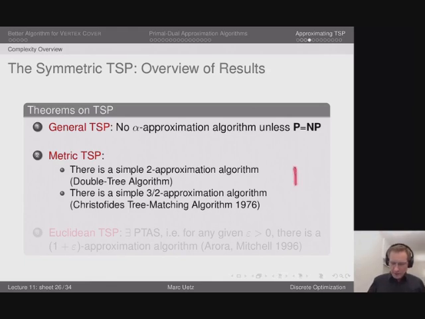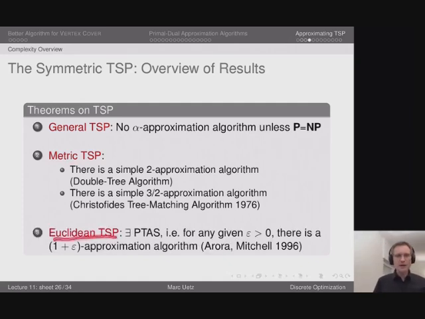So we can get constant approximation algorithms as soon as we restrict to the metric TSP. And for the Euclidean TSP, while I was a master's student actually in Berlin, 2 papers were published simultaneously by different authors showing that there exists a so-called PTAS, which is a polynomial time approximation scheme, which means we have a 1 plus epsilon approximation algorithm for any epsilon larger than 0.